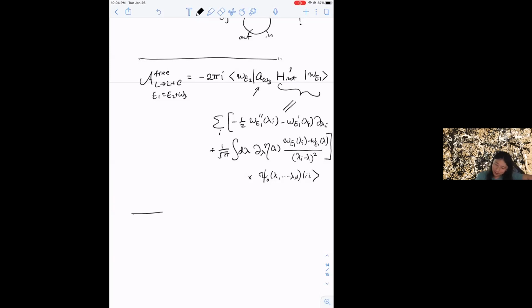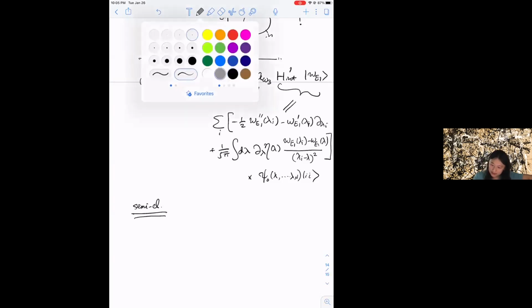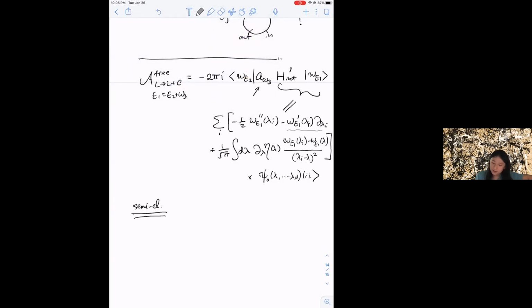Okay, so if you compute this overlap in the semi-classical limit at leading order, and inspect this expression carefully, it turns out that the first term actually doesn't contribute at that order. It scales differently with mu.